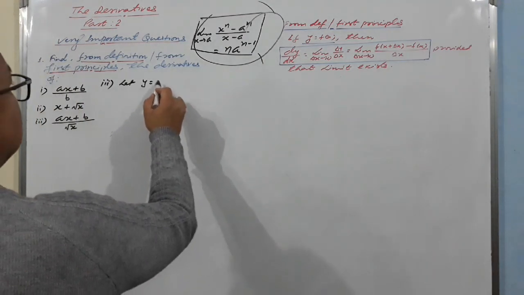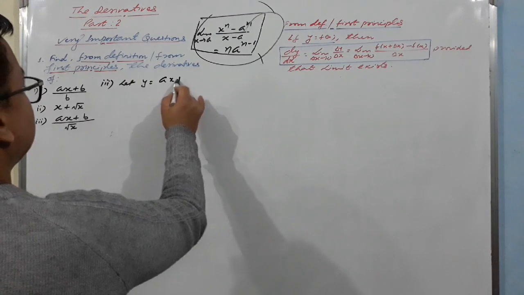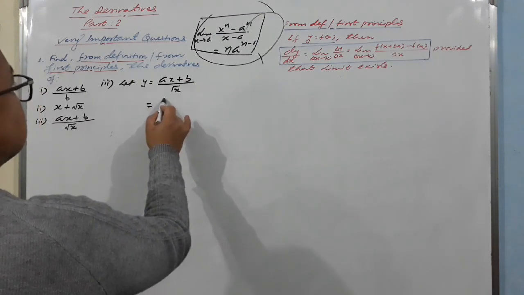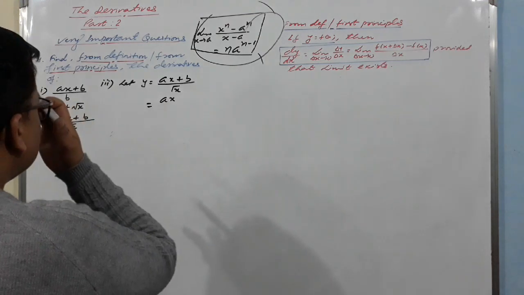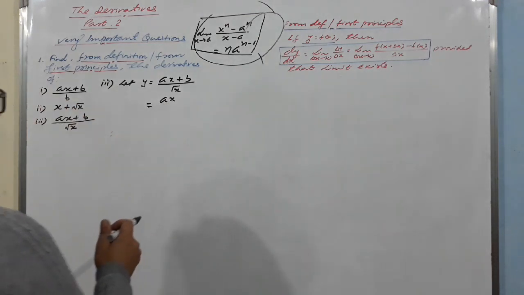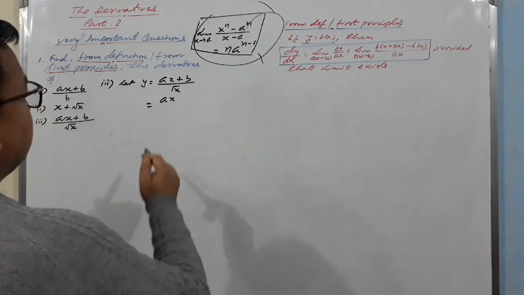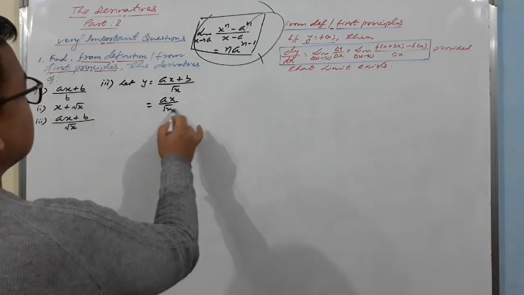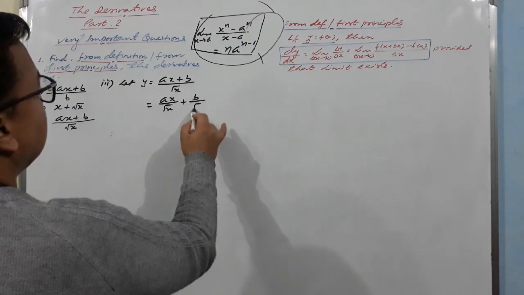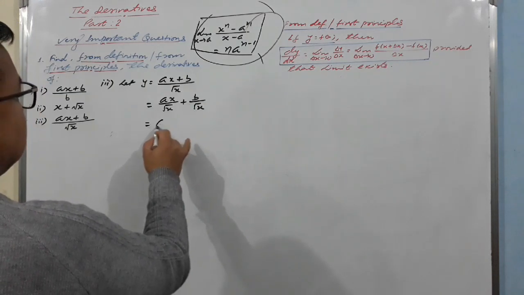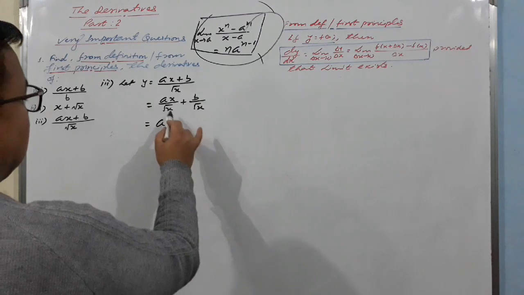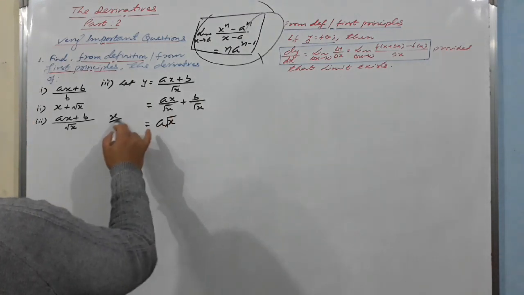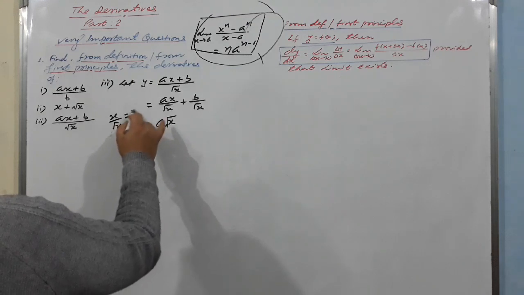y is equal to (ax plus b) over root x. So I'll simplify firstly before starting, before taking delta y. This is ax over root x plus b upon root x. And here a x over root x is equal to a root x.